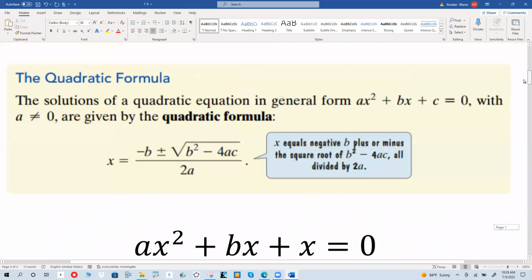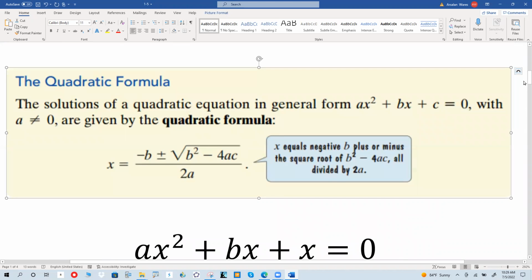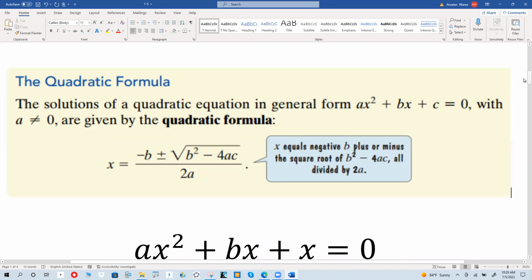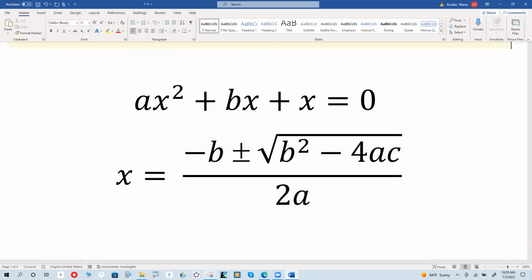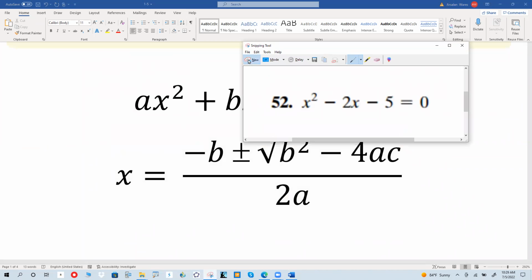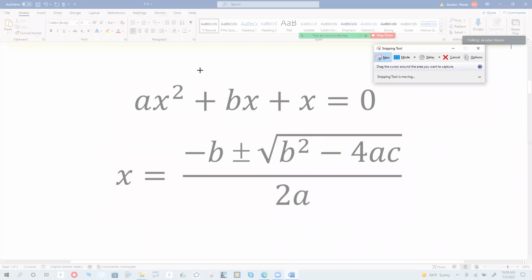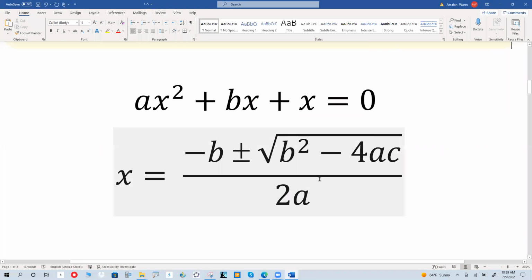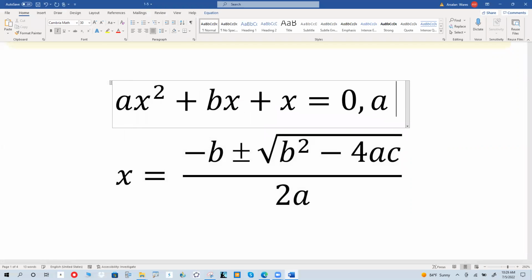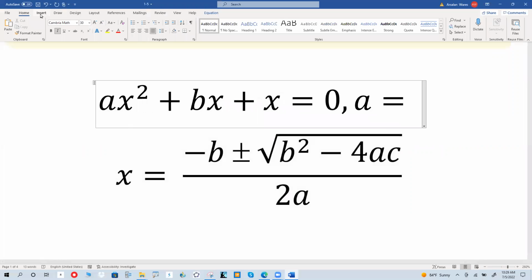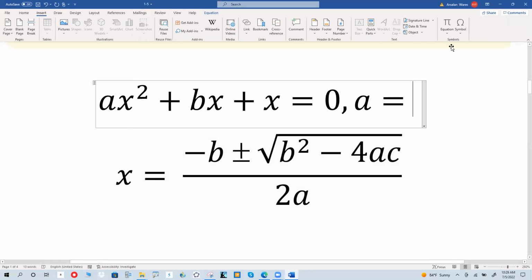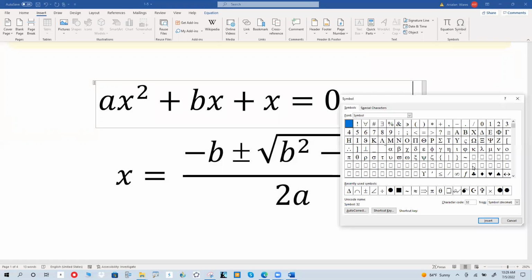It's in your book right here in a nice box, but I'm going to use this picture, which is just a little bigger version of the same thing. Okay. A can't be 0 because whenever you divide, let's write it here. A is not equal to 0.